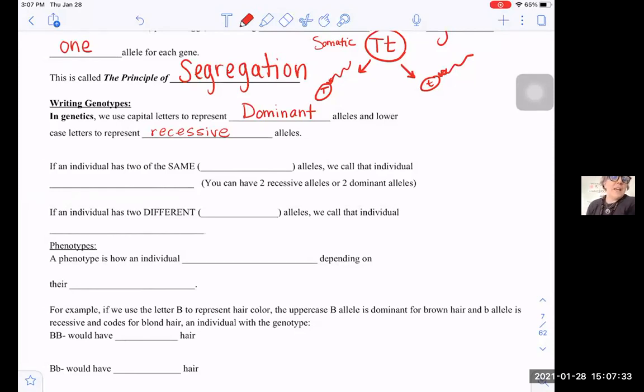All right. Now, if an individual has two of the same alleles, we use the prefix homo. Homo means same. We call that individual homozygous.